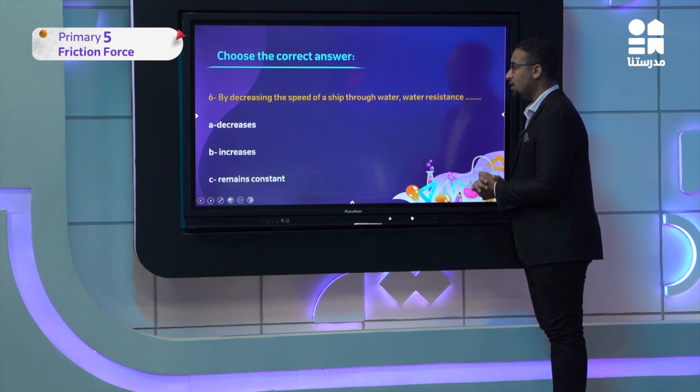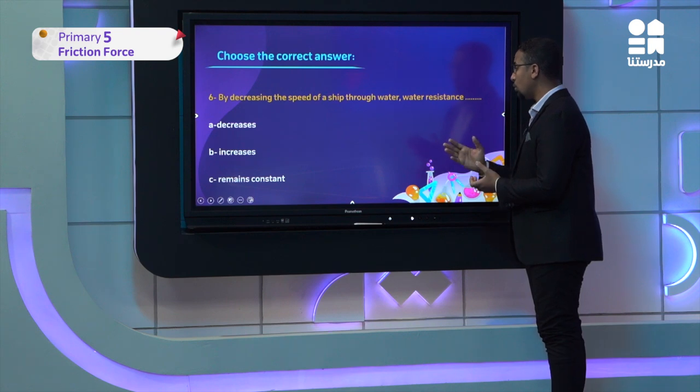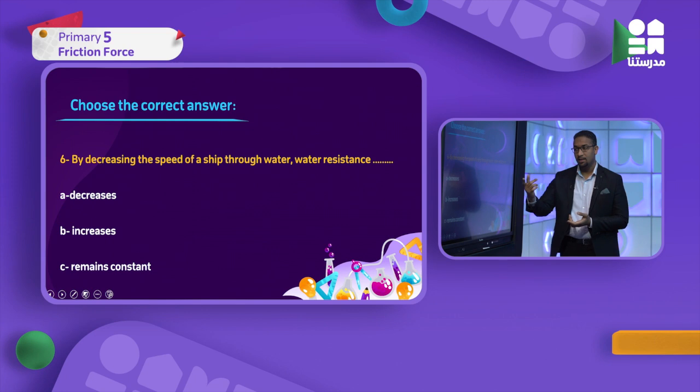The last one. By decreasing the speed of a ship through water, water resistance does what? Decrease speed. And we said the relation between speed and any friction, whether air resistance or water resistance, is a direct relation.